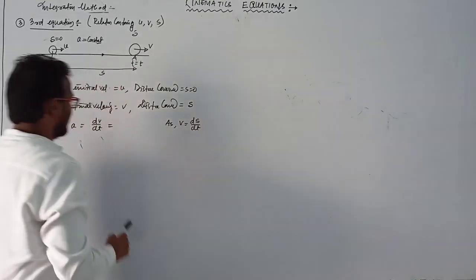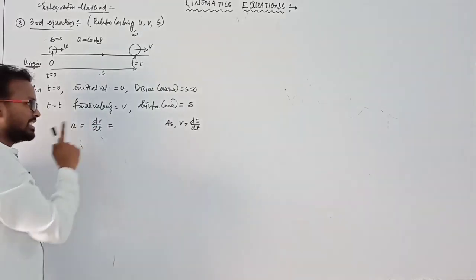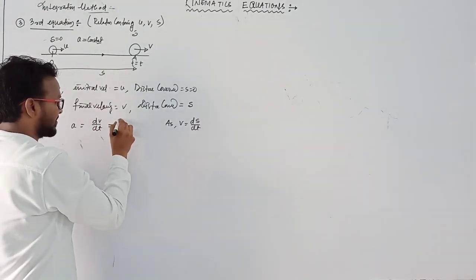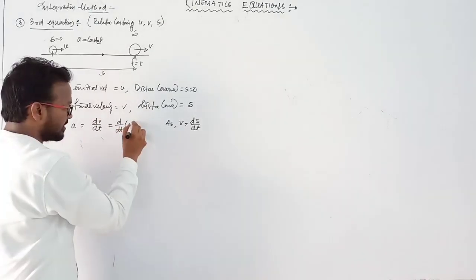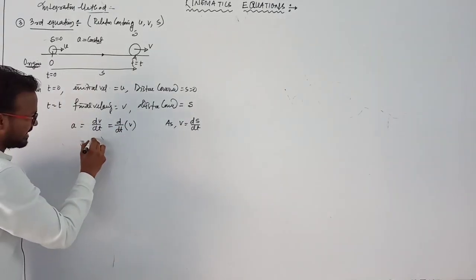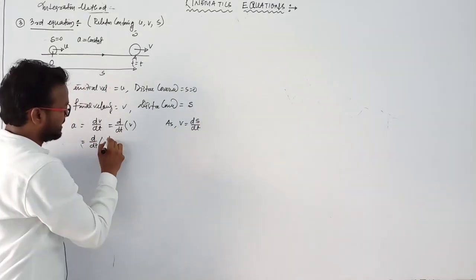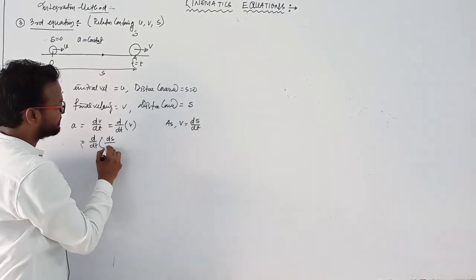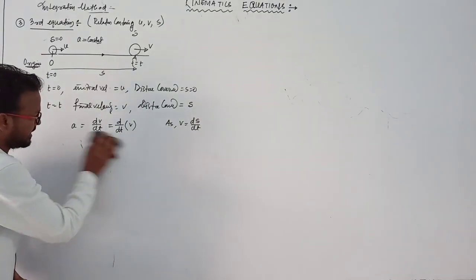Clear? Okay, so the rate of change of velocity with respect to time equals acceleration. Similarly we can write a equals dv by dt, and we can use another format here.